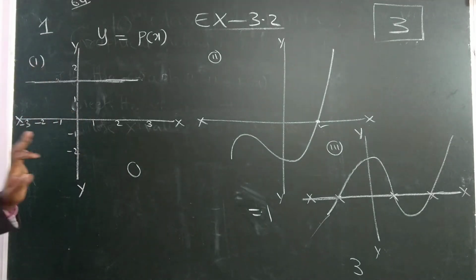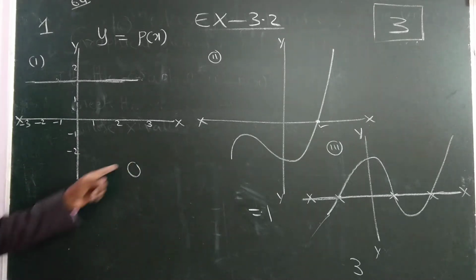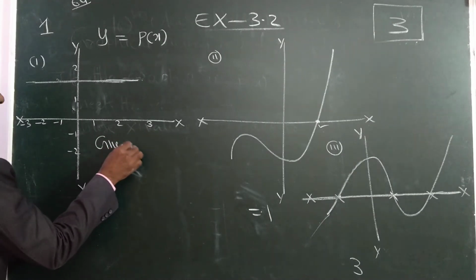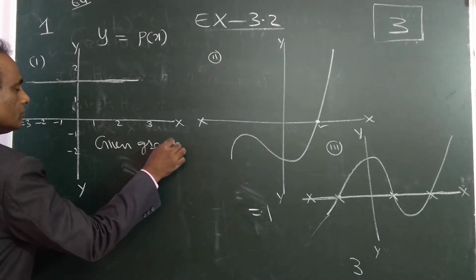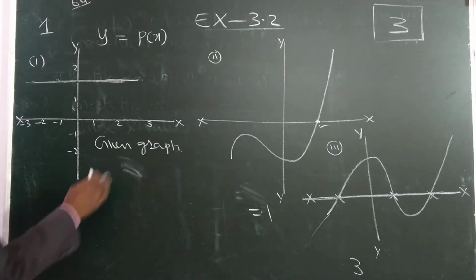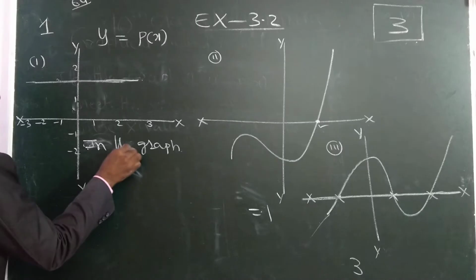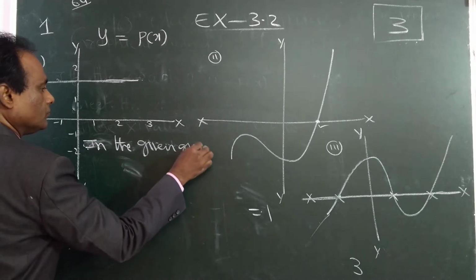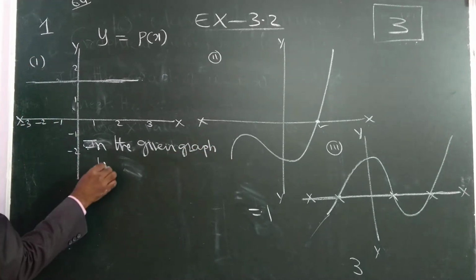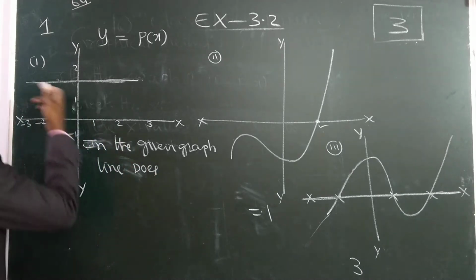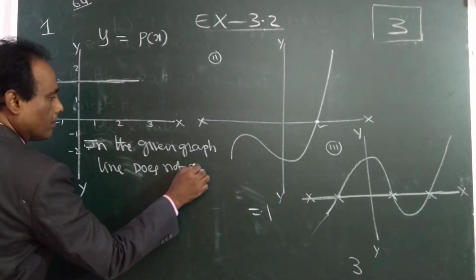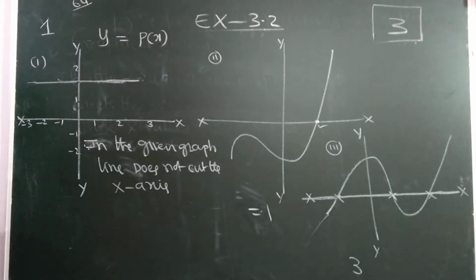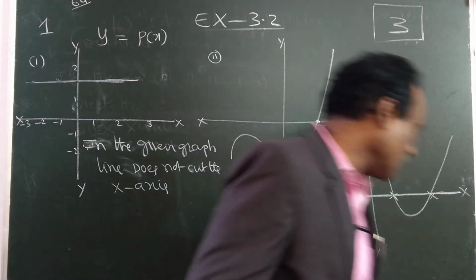Okay, write down. First question, you write down. I will give a small note. Write down: in the given graph, this is a line actually, the line does not cut the x-axis.